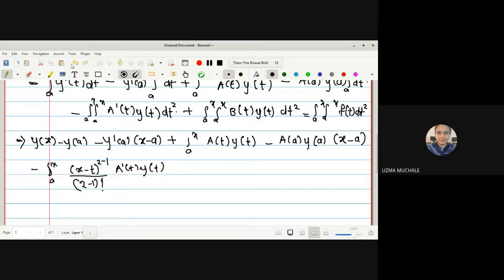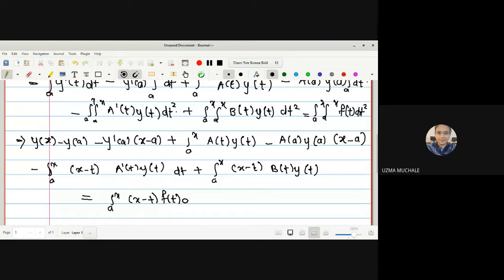So in short, I can write simply as a x minus t dt plus again integration a to x minus t b of t y of t, plus what is the next term? We have integration a to x minus t f of t dt.